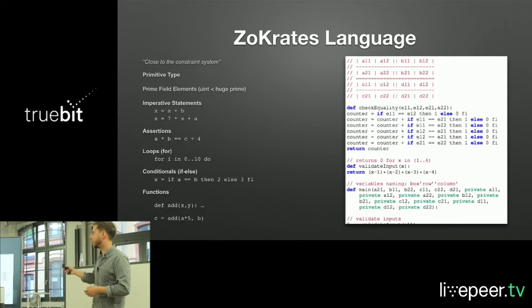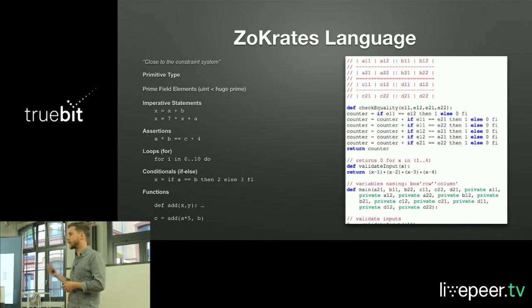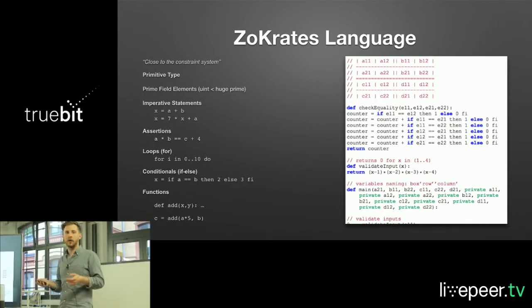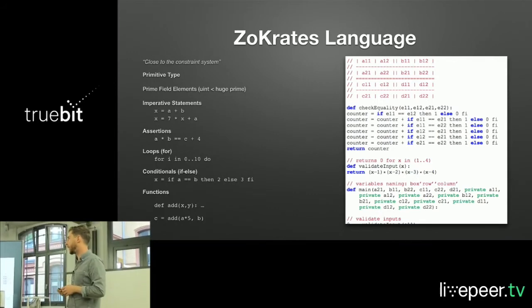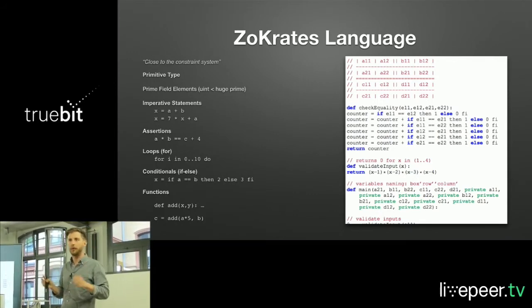This is the part where we currently spend most time on what we want to develop. So that's the higher-level programming language. Until now, we only have one primitive type, and that's prime field elements. You can think of it as huge positive numbers that are smaller than a huge prime number.